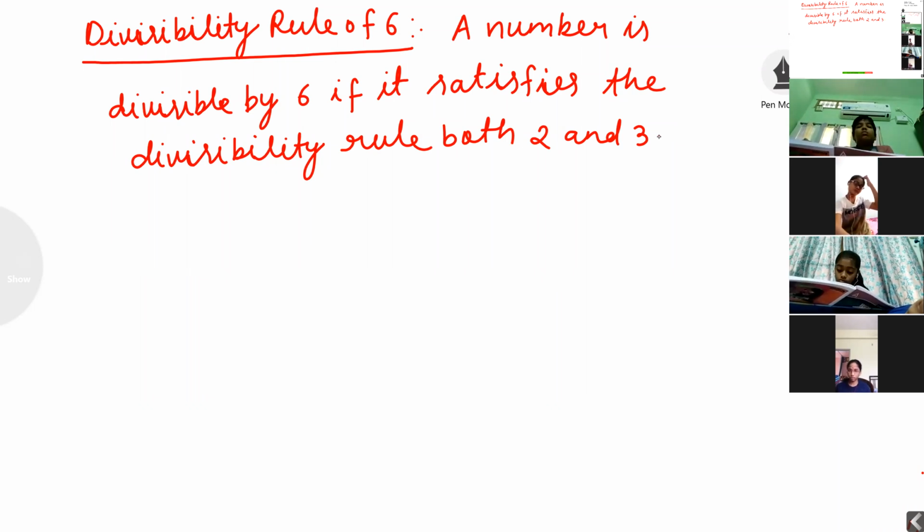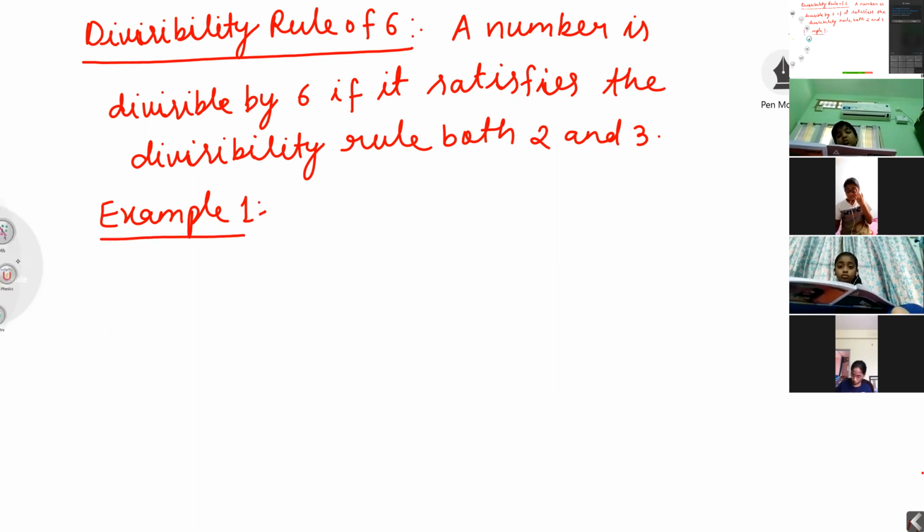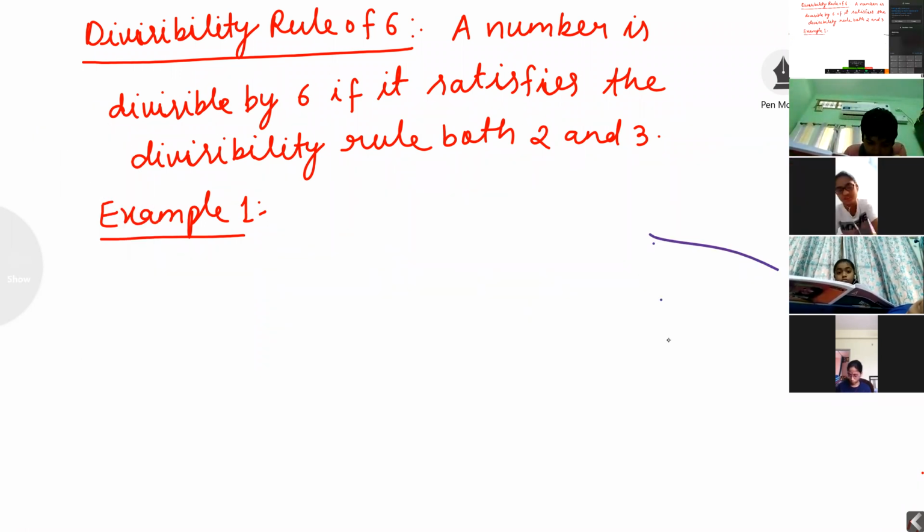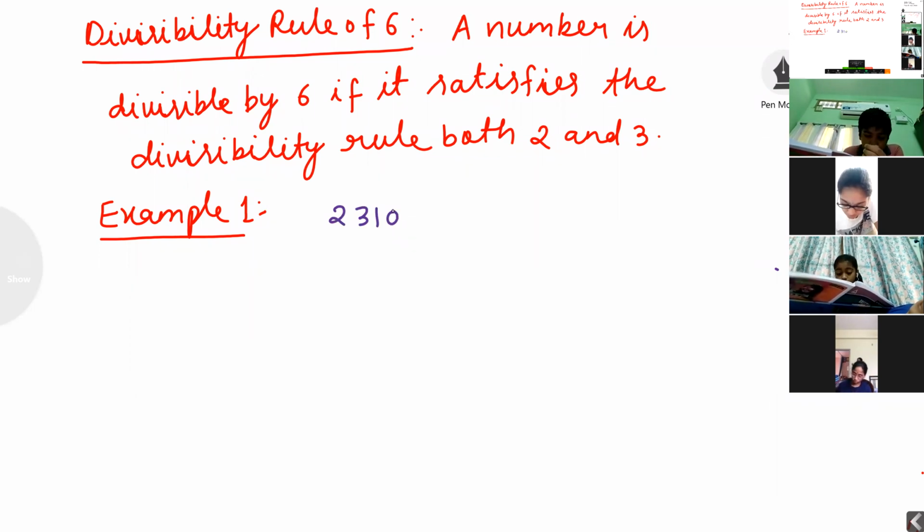Example. First example, 2310. First I want to check whether this number is divisible by 2 or not.